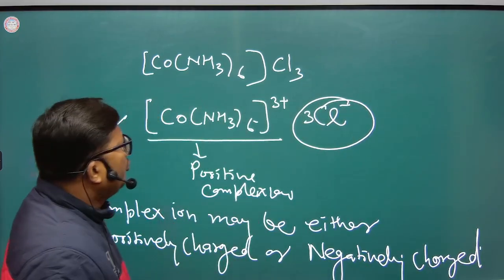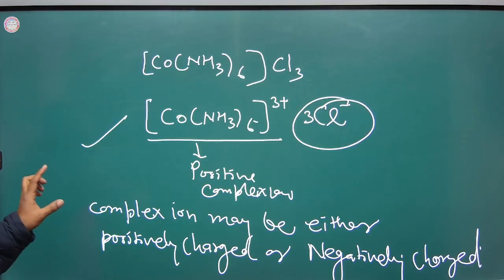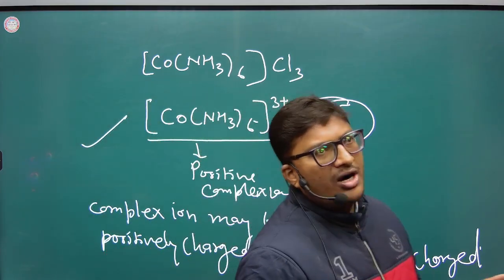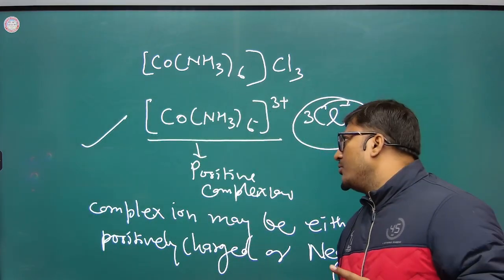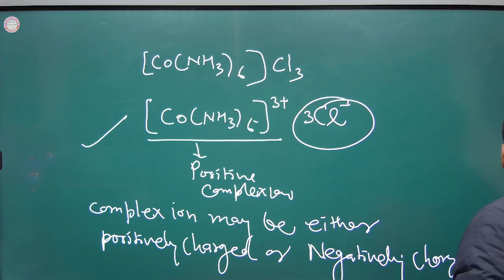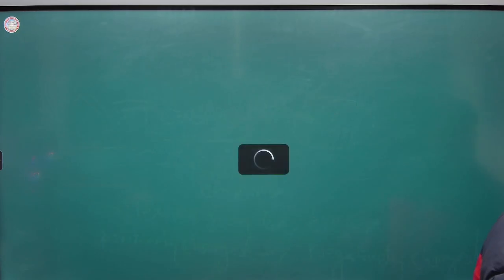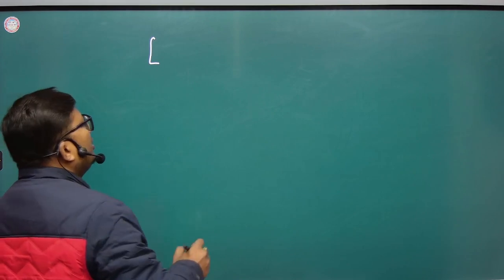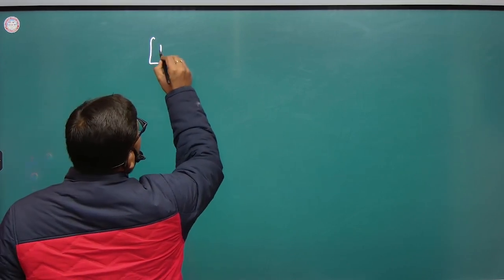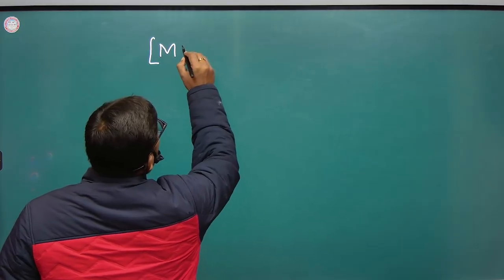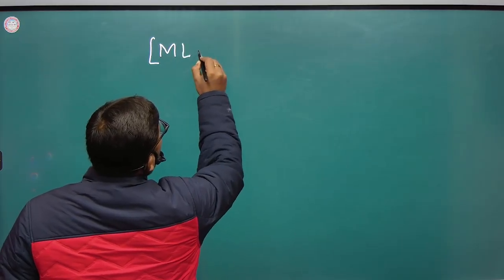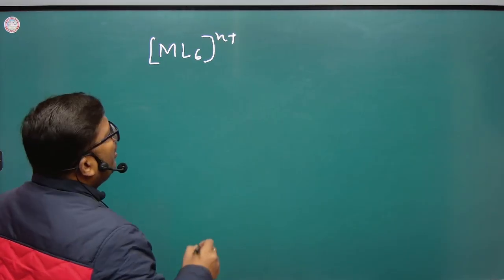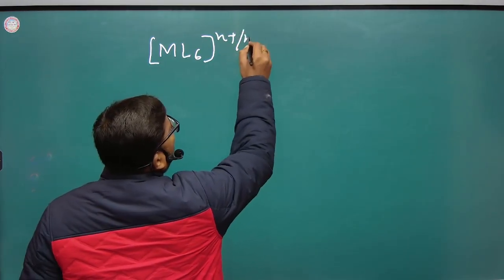So this is actually the beauty of this type of coordination compound, or complex compound. What truly matters here is, once we consider any complex, that is M, suppose this is ML6 with overall charge n plus or n minus.